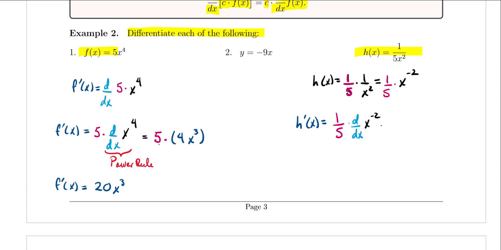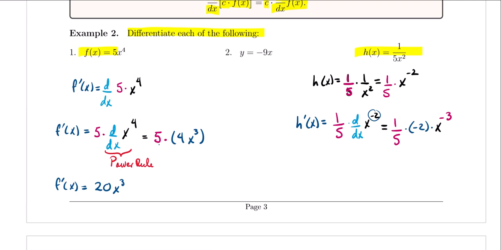Now the power rule comes into play. We're going to get 1/5 times, all right, let's bring down the power, a negative 2 times x, and now we subtract 1 from the power. We're going to get negative 2 minus 1, which is going to be negative 3. There we go. We found the derivative here. Now we just need to simplify it a little bit.